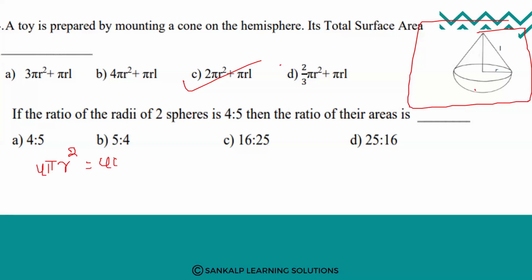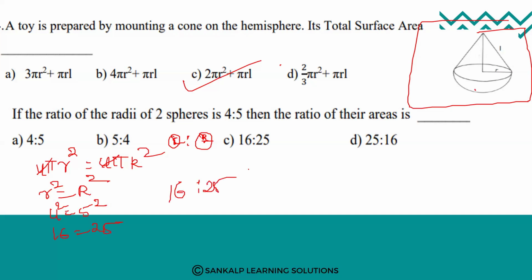So for the surface areas of the two spheres, this I will consider as small r, this is capital R. Now, 4 pi and 4 pi will get cancelled. R square is to r square. Now, 4 square is to 5 square, that is 16 is to 25. So the areas are in the ratio 16 is to 25. So option C is right.